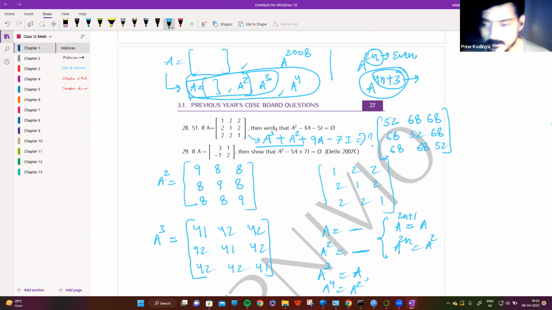Everybody got that? Can you solve these questions now? Okay. If you have any problem regarding multiplication or matrix polynomial equations type of questions, you can ask me, because after that we will proceed to transpose of a matrix and other things.